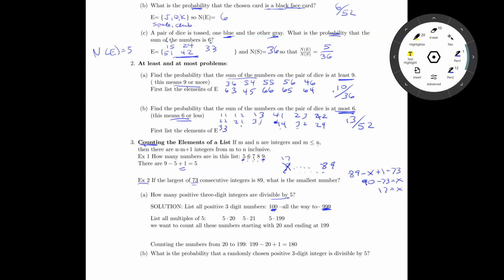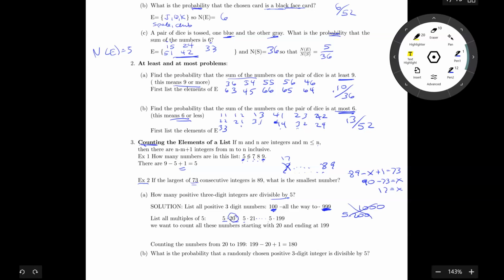So let's list the multiples of 5. 5 times 20 starts at 100. I get 5 times 21, dot dot dot, I can go all the way up to 5 times 199 because 5 times 200 gives me 1,000, and I don't want to go that far, right? I'm stopping there.